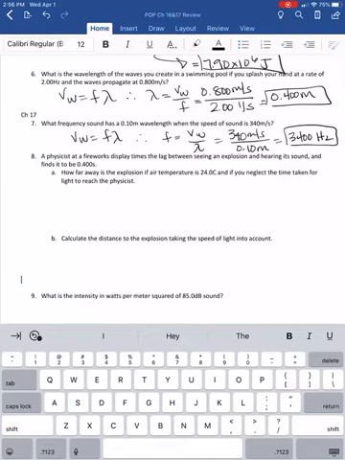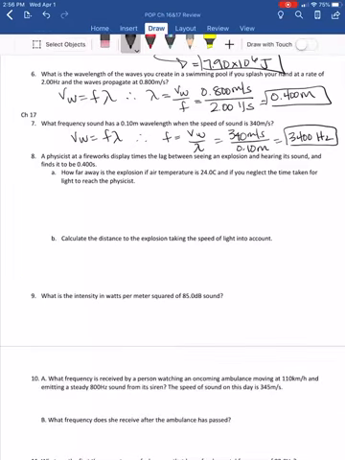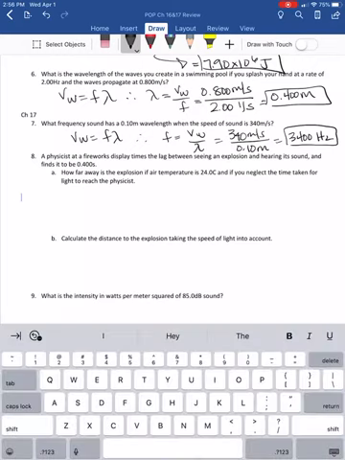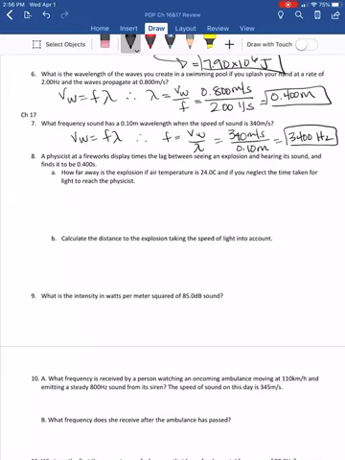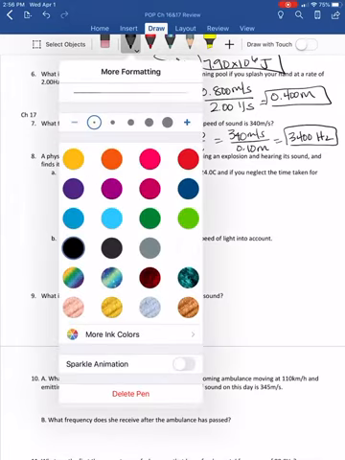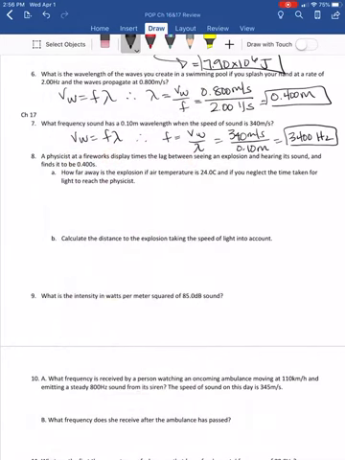Okay, so let's see. Put my pen on again. All right, first off, what are we given in this? Well, we are given the time to be 0.4 seconds. And it also gives us a temperature of 24 degrees Celsius.